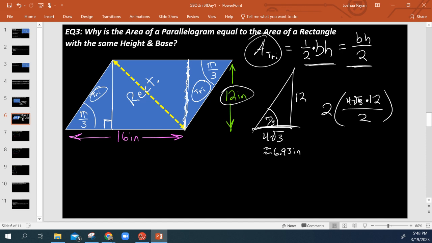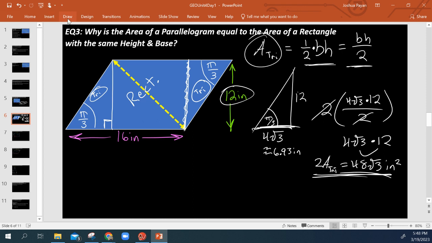If we know anything from basic algebra, the multiplication by 2 and the division by 2 are going to cancel. That leaves me with 4 square root of 3 times 12, which is 48 square root of 3. Now we need the area of this rectangle so that we can add it to the area of the two triangles. I need to use my units, so that's square inches, equals the area of the two triangles.